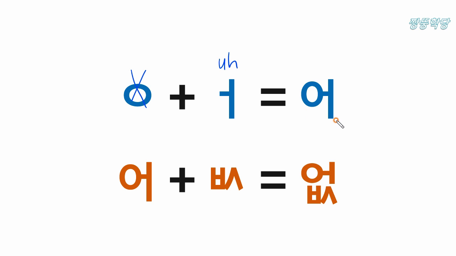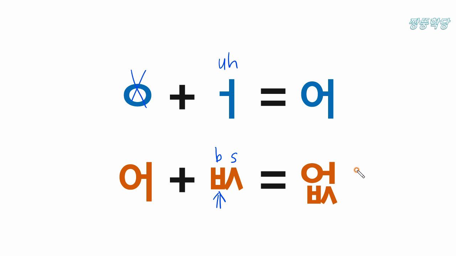So this is a, and this is bu sound, this is s sound, but it's very difficult even for Korean to pronounce it exactly. So we just read the first two Korean alphabet.